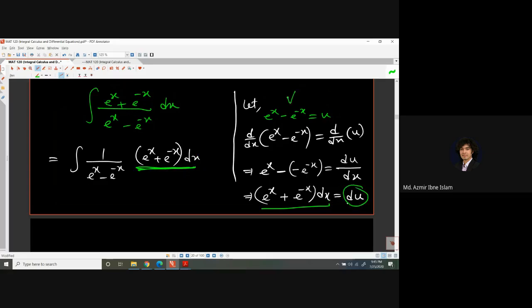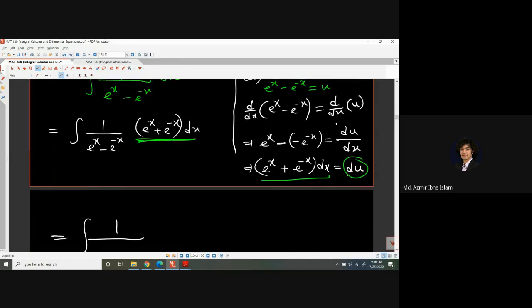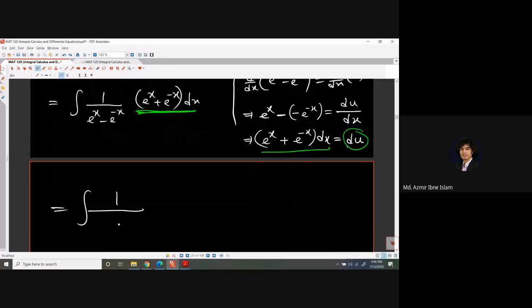So whatever function we have considered as u, that is the correct or suitable one. Okay, that is what is called the u-substitution method. So let's try to solve this one. At first replace the lower part with u, which we have considered as u, and this one becomes du.